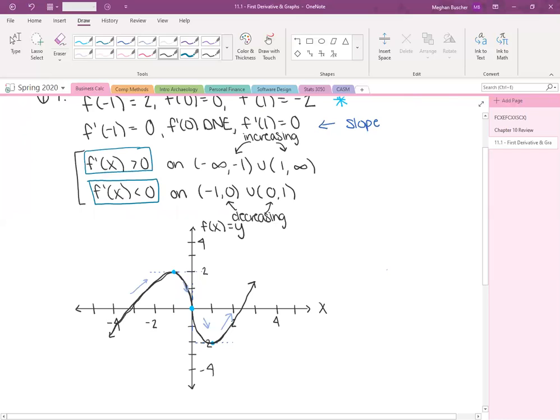But what do we know? Where can the derivative change sign from positive to negative? Think about just like a regular function. So here, you're going from negative to positive. What did you cross to go from negative to positive? The x-axis.